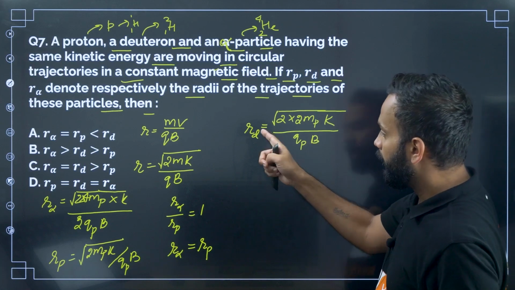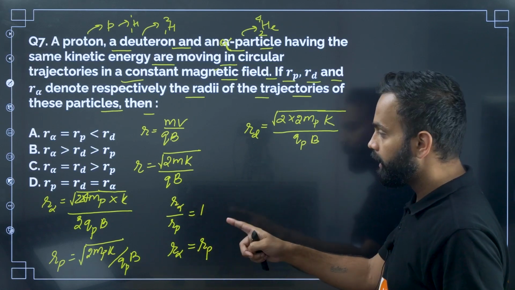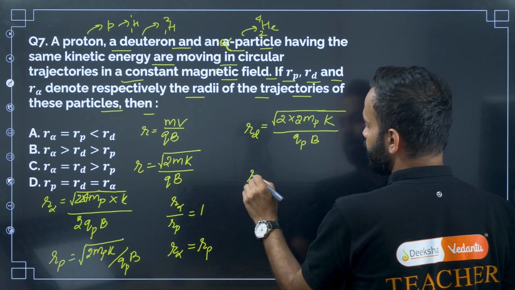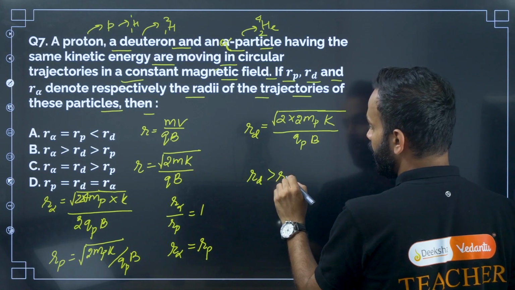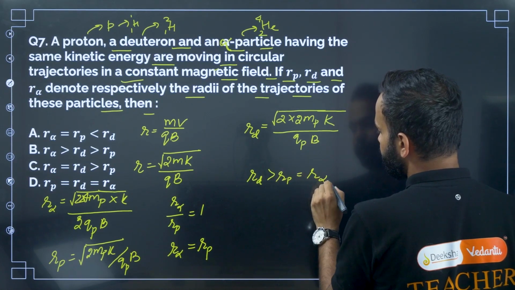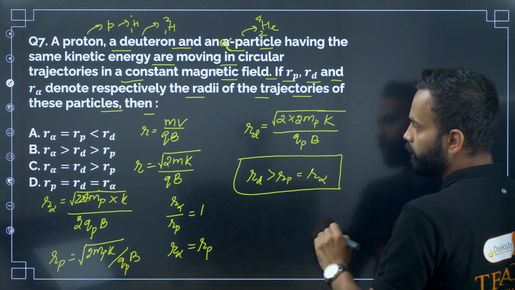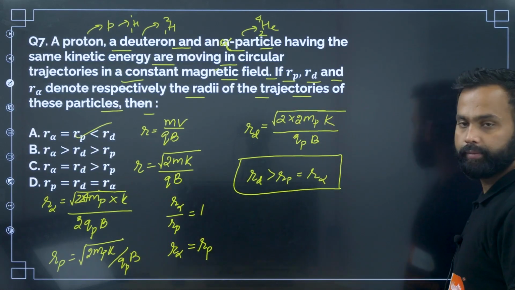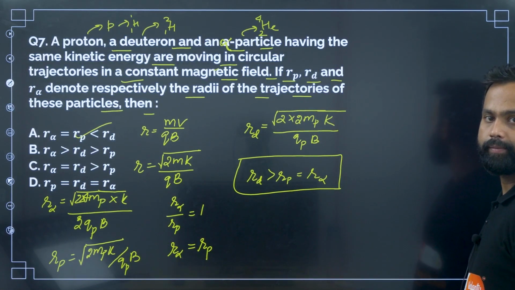So now compare rd with r alpha and rp. Rd is greater than rp and r alpha, and rp equals r alpha. The correct option is A.